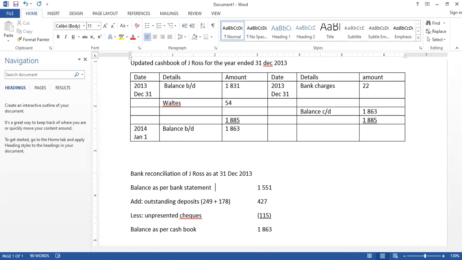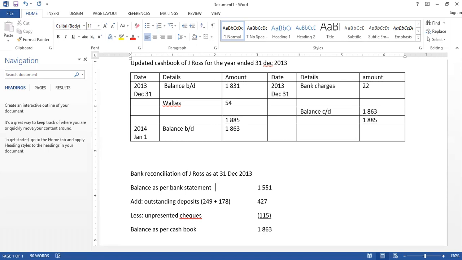Not yet presented, meaning that the entity or the business issued out checks, they gave out checks, but because the people that received the checks never went to the bank to cash out those checks, the bank will not know that the entity gave out checks. So these checks are not yet presented for payment.